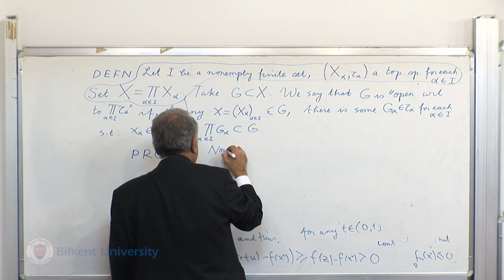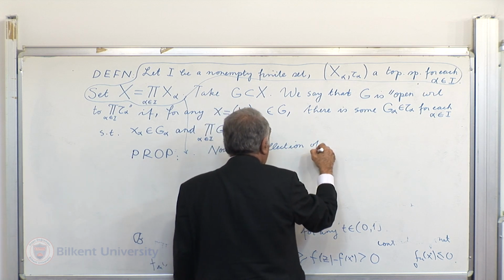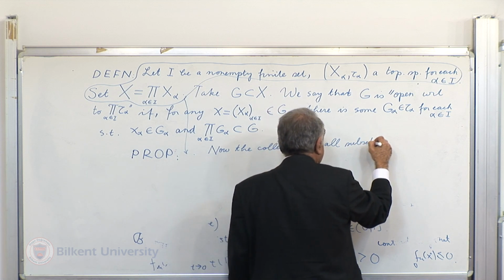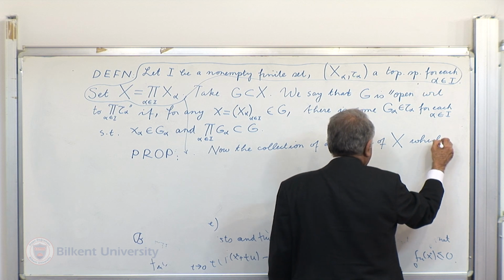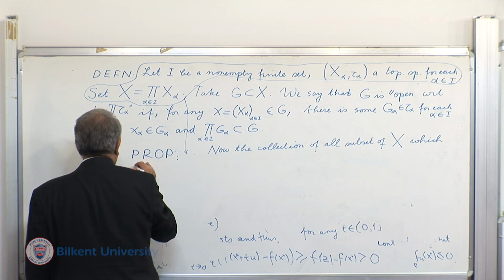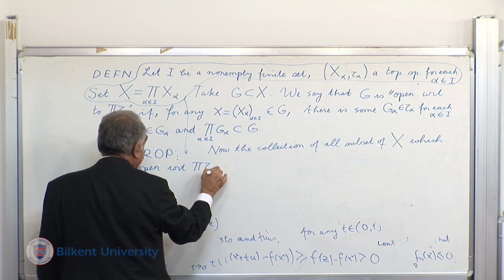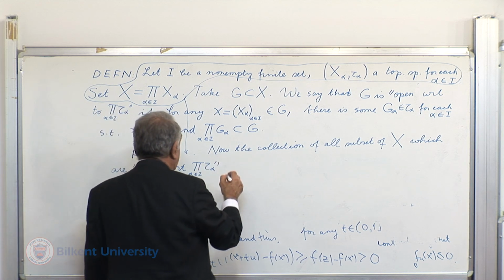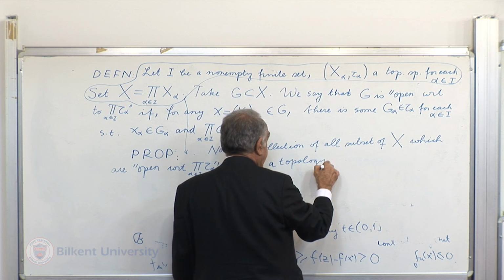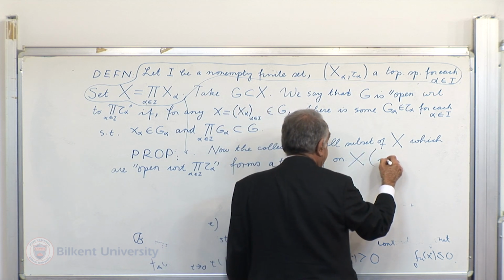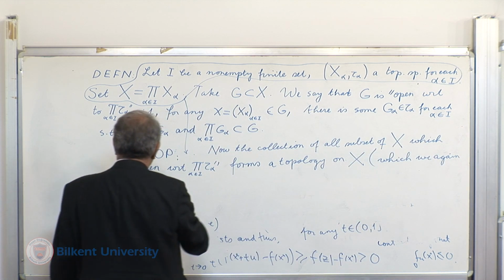Now, the collection of all subsets of cap X, which are open with respect to this symbol, forms a topology on X, which we again denote by the same symbol.